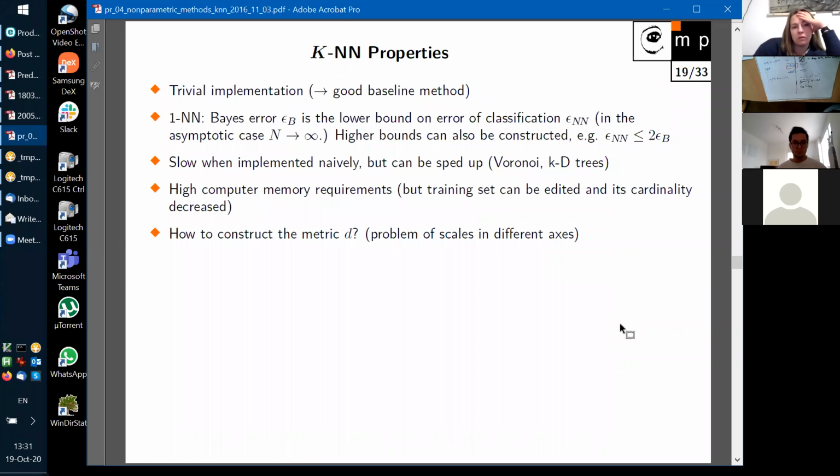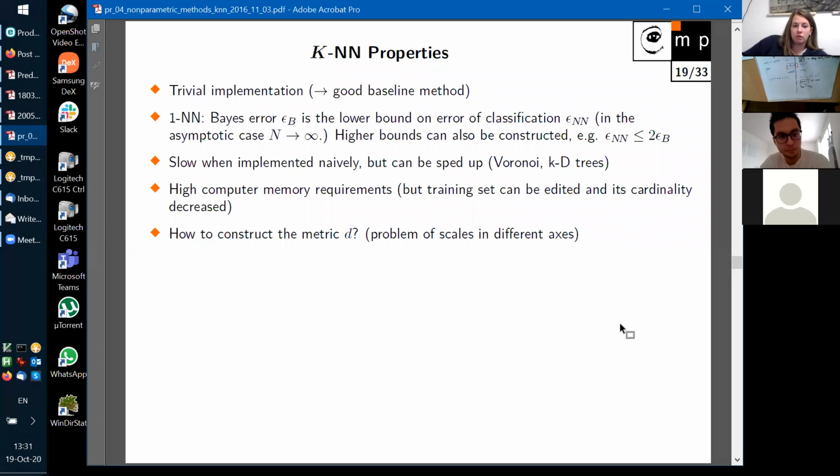Okay, so if we summarize, it's a very good baseline method. The Bayes error is lower than the nearest neighbor classifier's, but at most the nearest neighbor will go to twice the Bayesian error. So that's actually quite a tight bound.